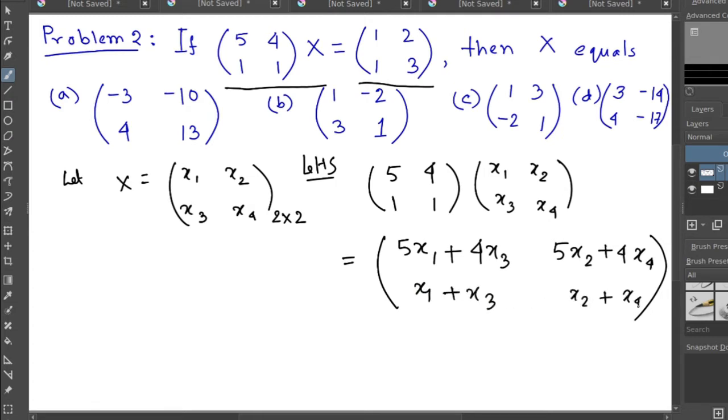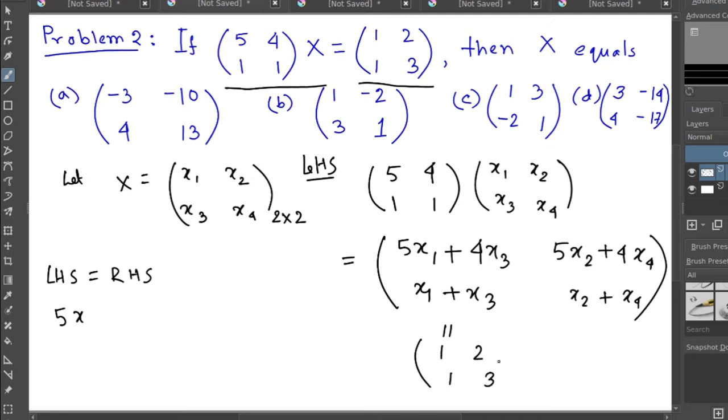It's a general multiplication between two matrices, and the RHS is given as 1 2 1 3. If we compare LHS equals RHS, we get this matrix equal to the matrix given.